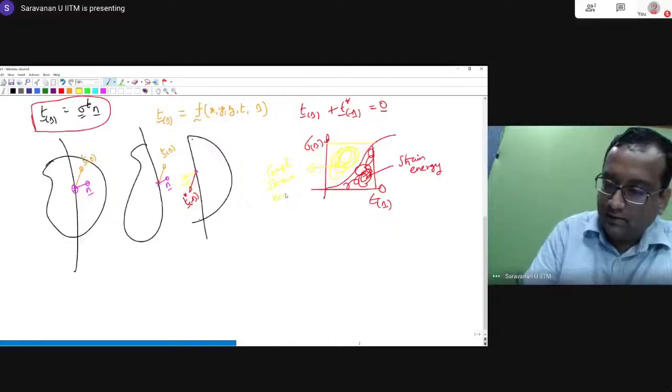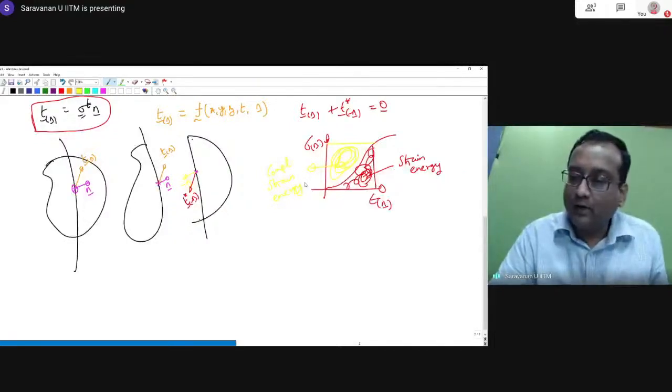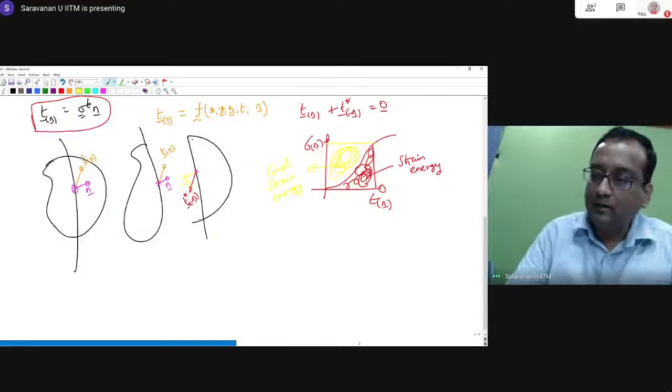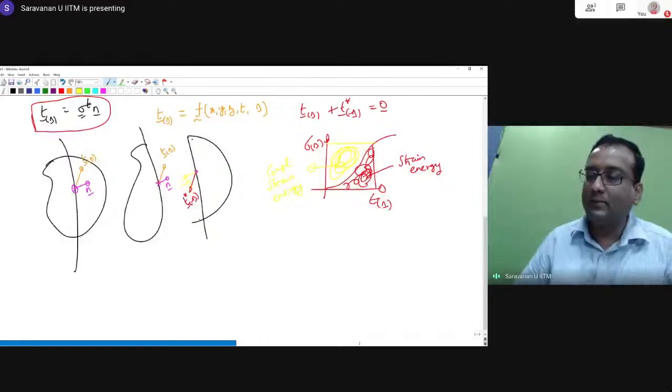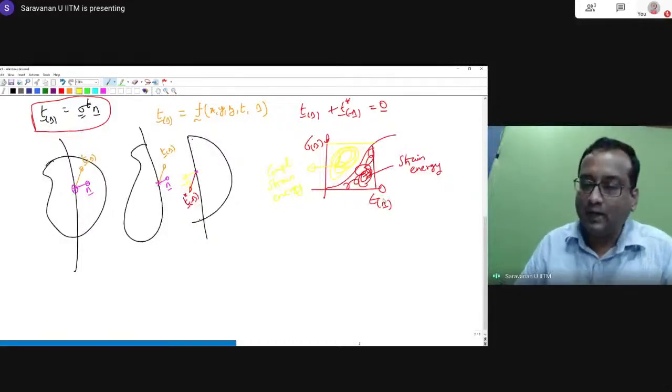That is the reason why both of them together give you the product of the stress and the strain. Strain energy plus complementary strain energy gives you the area, the product of stress and strain. All this works fine, but in three dimensions there are certain issues which we can't get into at this point in time.